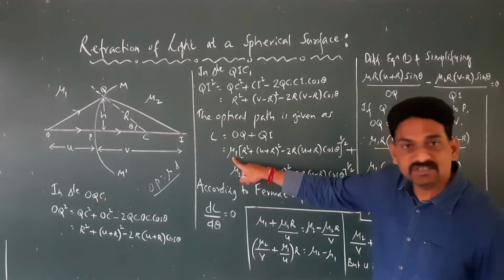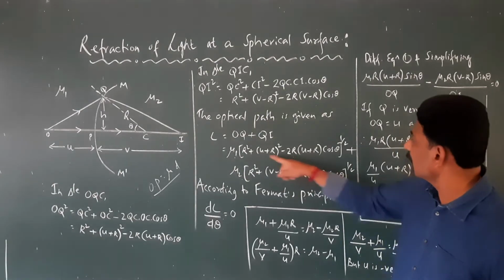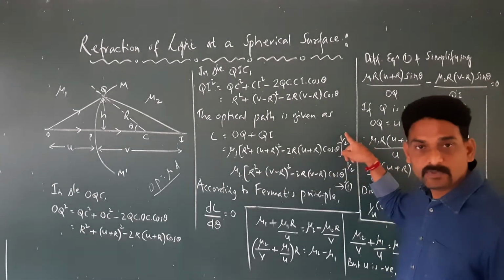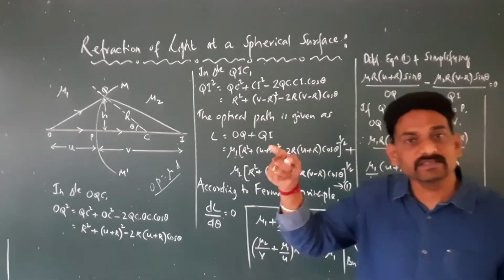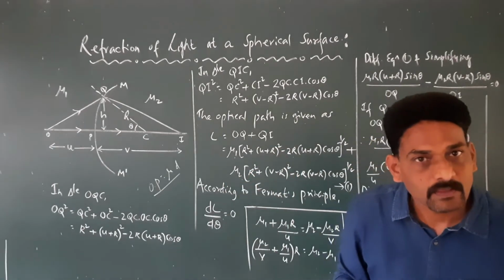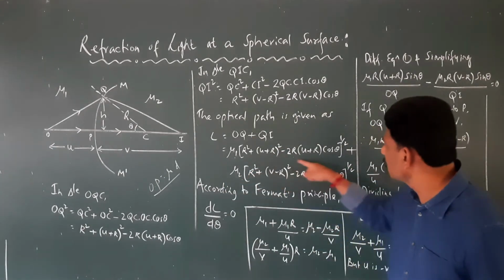Keep this term as it is. So now this is like x raised to n. So d by dx of x raised to n is n x raised to n minus 1, right? So differentiation of this term is going to be what?